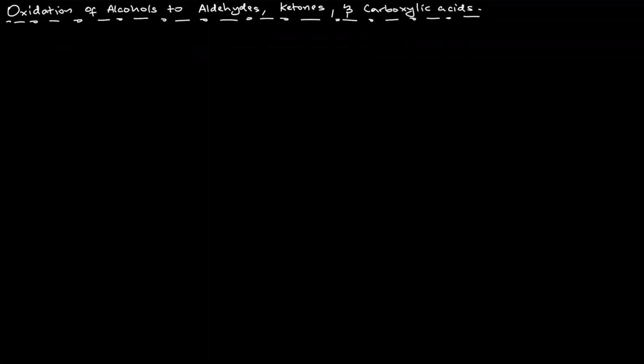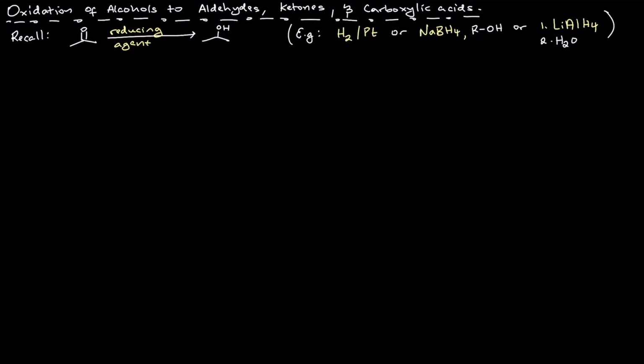Okay, so to cap off this video, we're going to talk about the oxidation of alcohols to aldehydes, ketones, and carboxylic acids. Recall that you can take a ketone, aldehyde, or carboxylic acid and use a reducing agent to form an alcohol. Here are your examples of the reducing agents that we've talked about. You can either use H2 under a metal catalyst, or you can use sodium borohydride or lithium aluminum hydride.